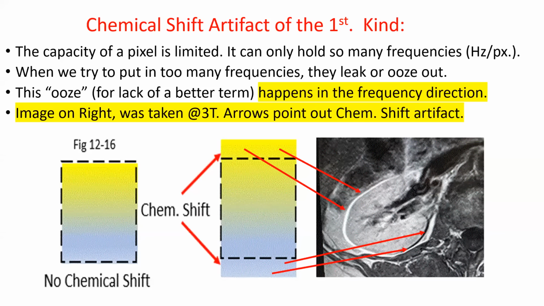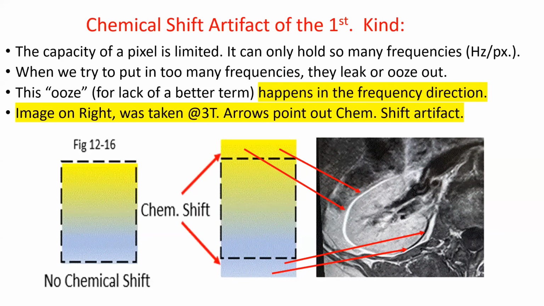That middle pixel, that black dashed box, that's your pixel. We're trying to put too many frequencies into it. What's going to happen? Well, it's going to ooze out into the next pixel. So then you're going to start getting fat and water canceling each other out. On that kidney, where there's a fat water interface, the red lines are pointing to the artifact.